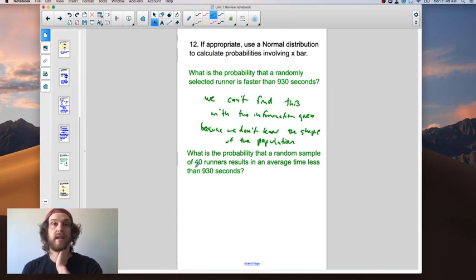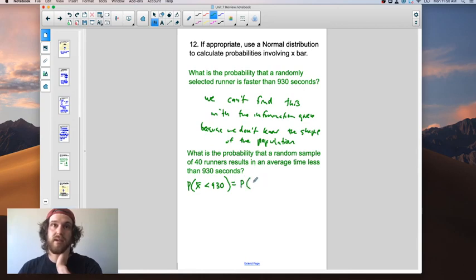So we can go ahead and proceed. And so we can say, what's the probability, basically, that x bar is going to be less than 930 seconds?